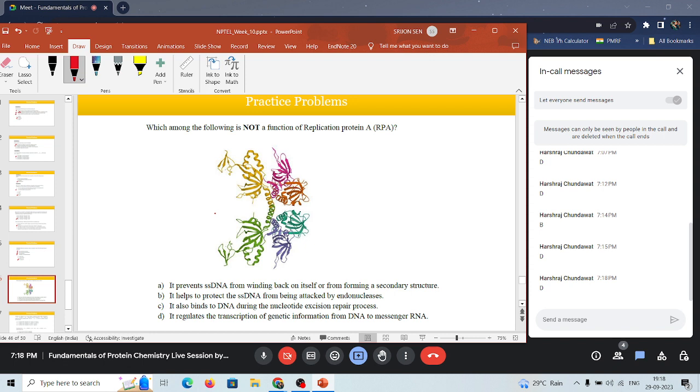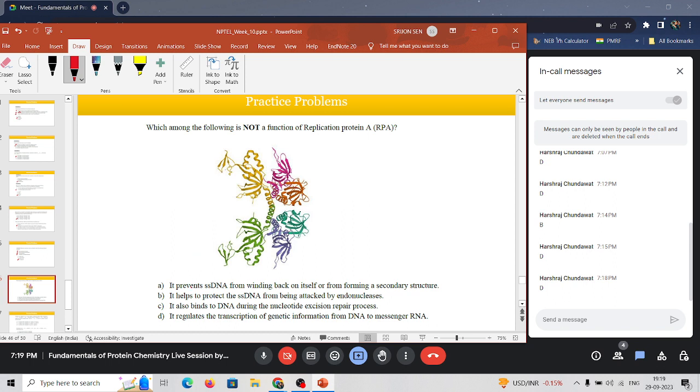In different in vitro studies, it has been shown that it has higher affinity for single-stranded DNA than RNA or double-stranded DNA, and this RPA is required for replication and the different recombination processes, different repair machineries, like nucleotide excision repair and homologous recombination, and it also plays roles in repairing damaged DNA.